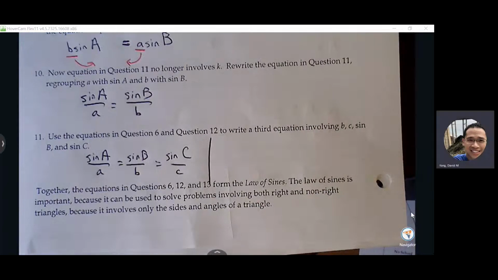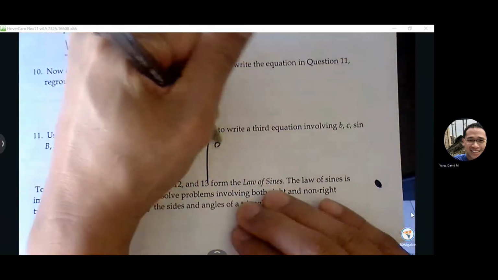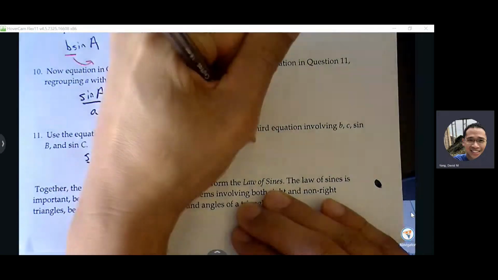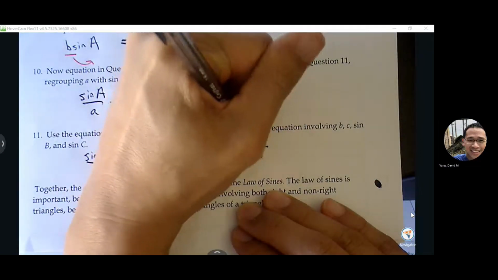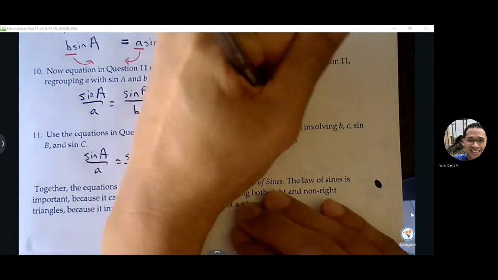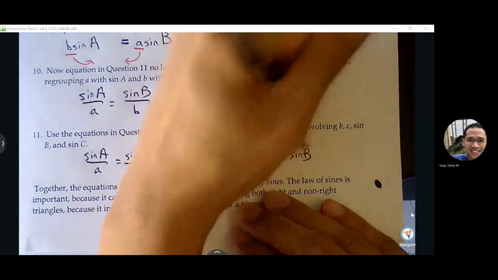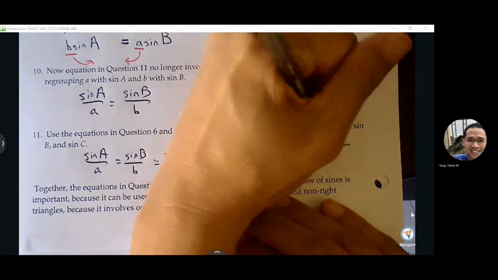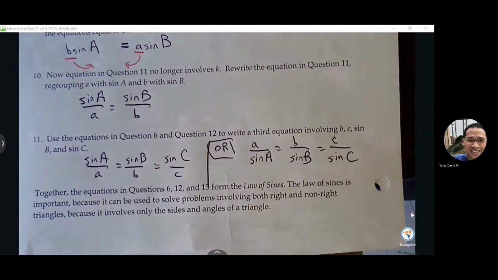Very useful in helping us find missing sides and missing angles of a triangle. Or you can write it this way. Up to you.